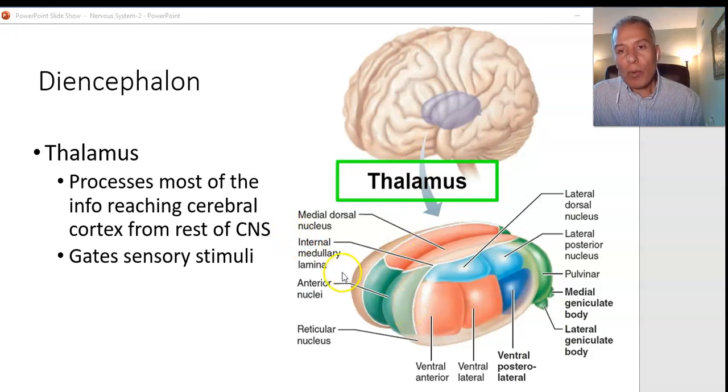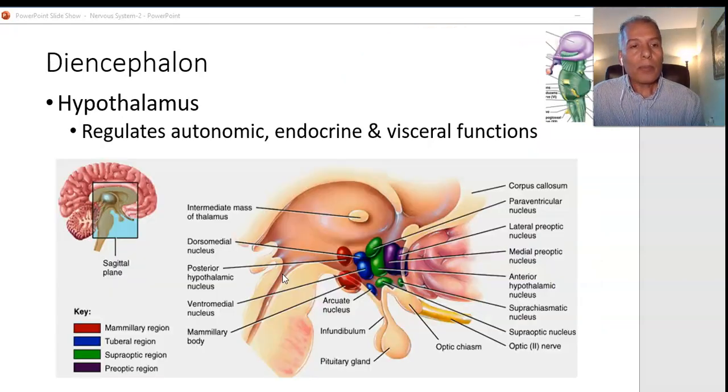And then the hypothalamus, as you could see, inside of it has several structures, and each one has different functions. But the hypothalamus is part of the autonomic nervous system. It basically serves autonomic nervous system functions. For example, controlling emotions, giving you drives, like sexual drive.